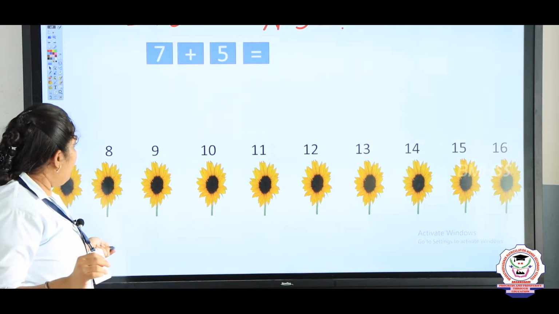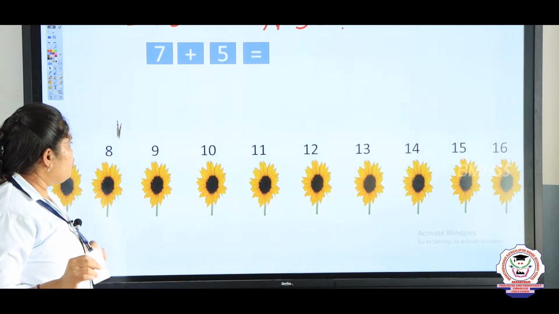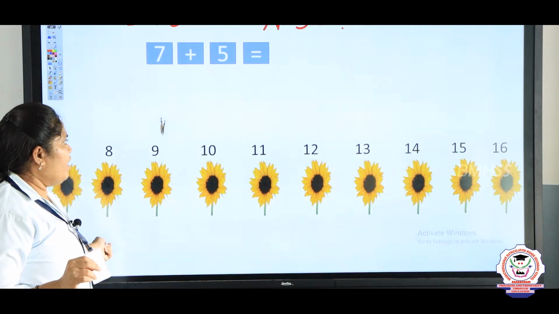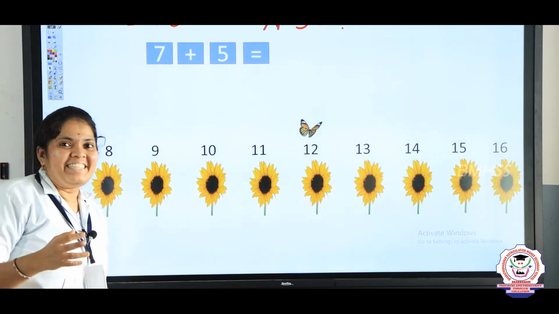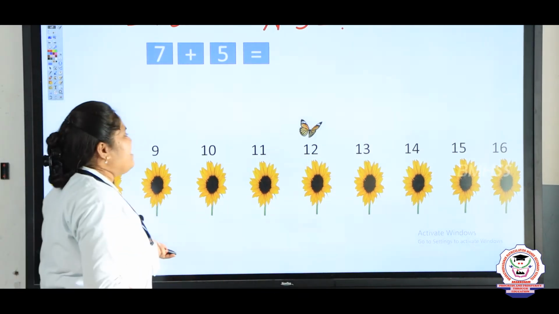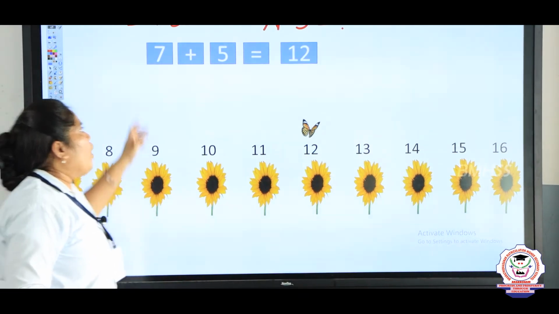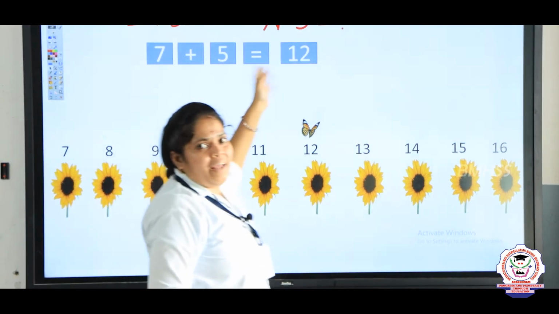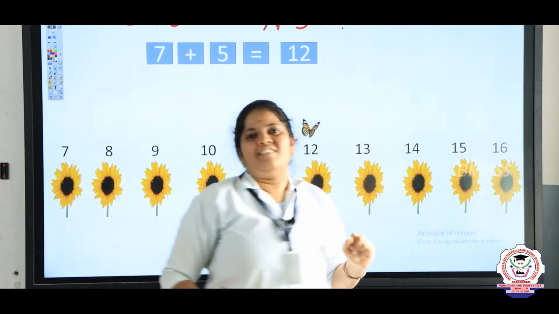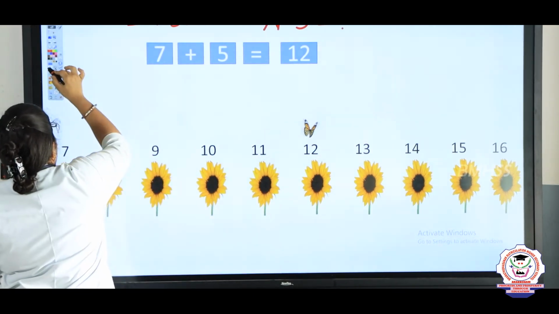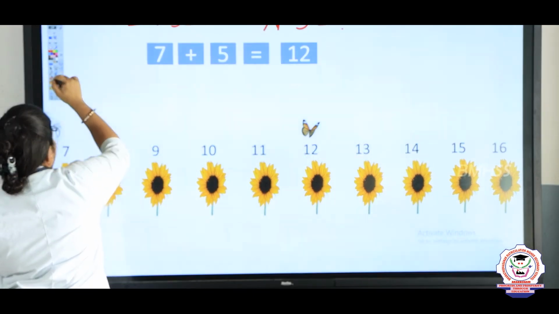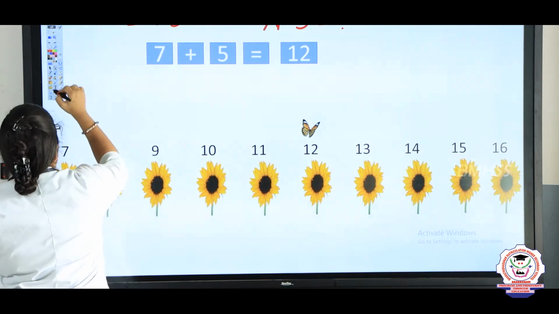So, listen here. 1, 2, 3, 4, 5. What is our answer? Yes, very good. The answer is number 12. When we add 7 plus 5, we get the sum as number 12. Right. See this problem in the number format.